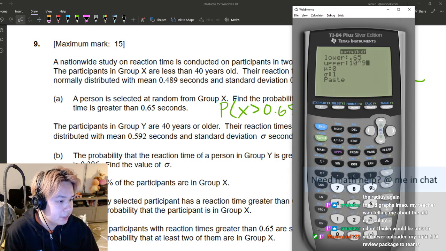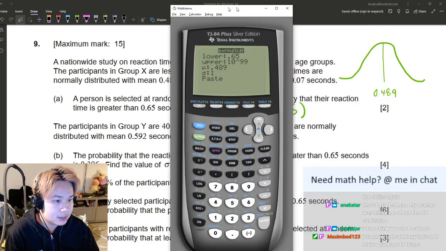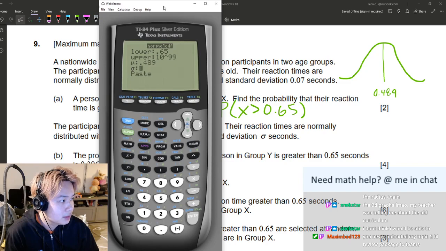Okay, and then there is no upper boundary, so just pick some absurd number, it'll work out. And then our average is the average reaction time, which is 0.489, and our standard deviation was 0.07 seconds.